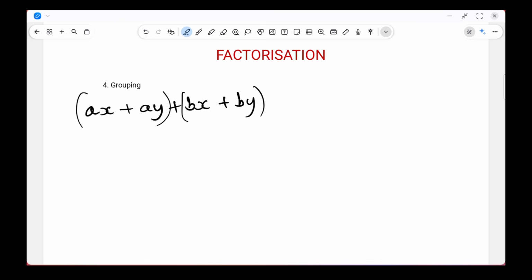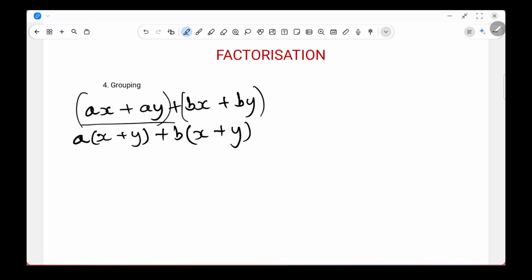We will take out a on the first group, group 1. We take out a, we will be left with x plus y. Then on the second group, we will take out b, we will be left with x plus y.